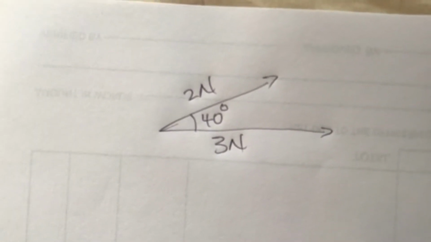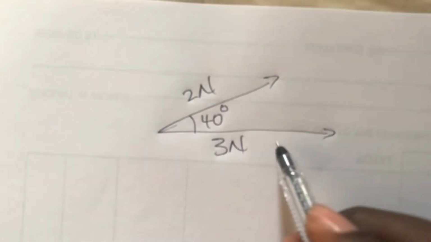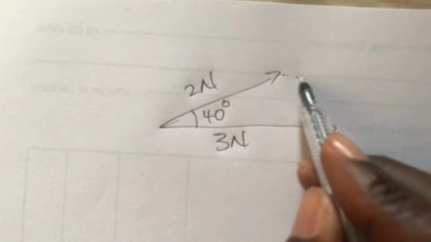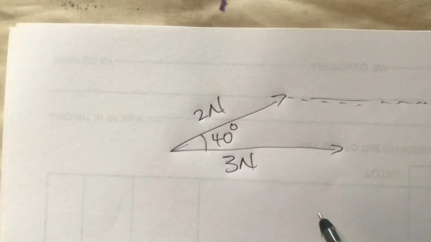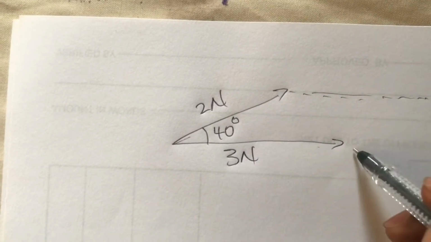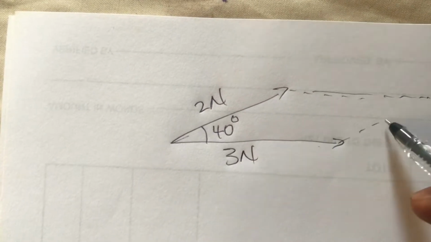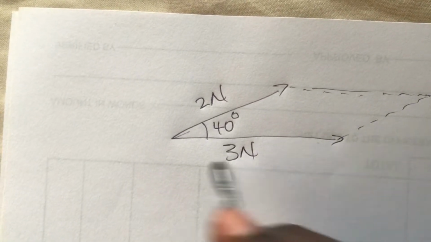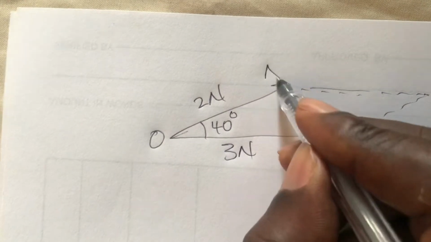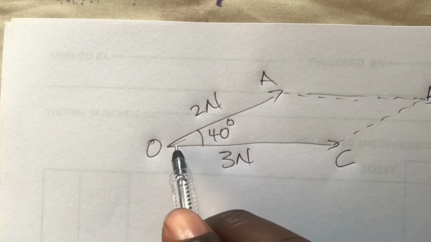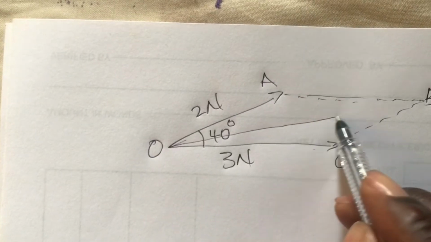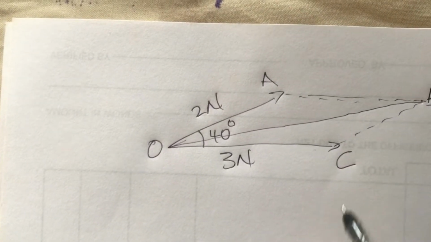By parallelogram method, we construct another vector parallel to this vector. Then another one here parallel to this vector. We have now a parallelogram OABC, and the diagonal is the sum of the two vectors.